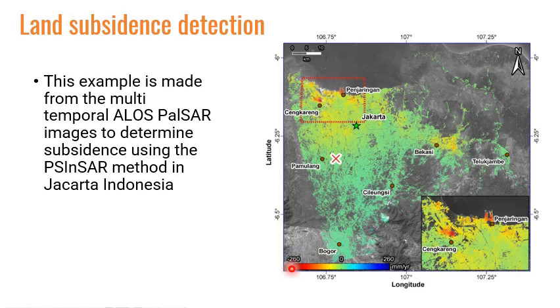That means these areas have subsidence, and in the other areas there's no subsidence because the value is nearly zero. Blue color would mean uplift, but in this case there's no uplift.